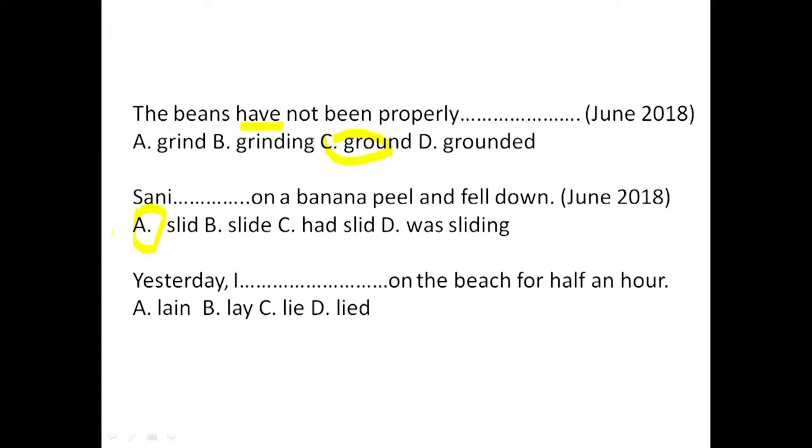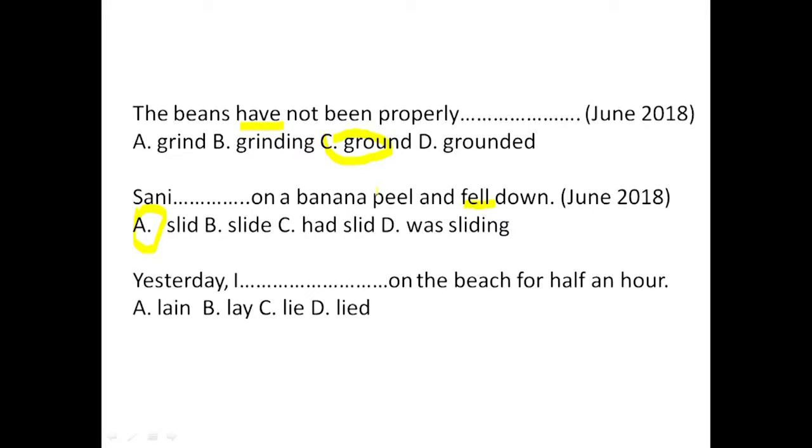So why do we use slid here? For a number of reasons. Because the verb in the other aspect of this same sentence, fell, is in past tense. We call this one sequence of tense. If this one would have been in present tense, Sunny dash on a banana peel and falls down, then of course the best option would have been slide, containing S. Sunny slides on a banana peel and falls down.